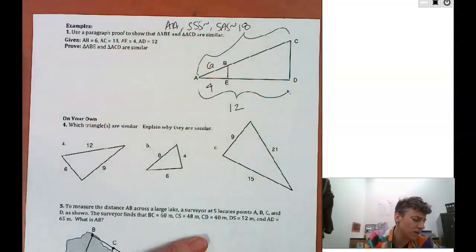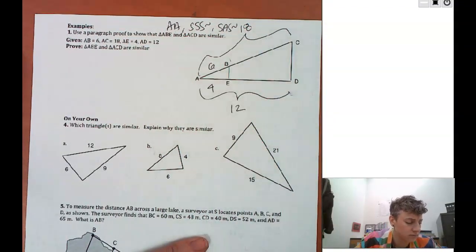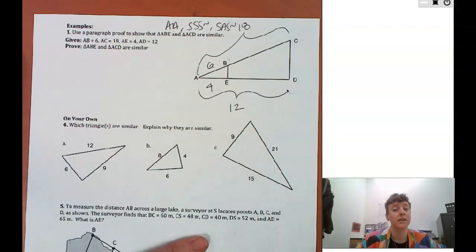Which angles are congruent between this little triangle and this big triangle? Oh, how about the angle that they share?